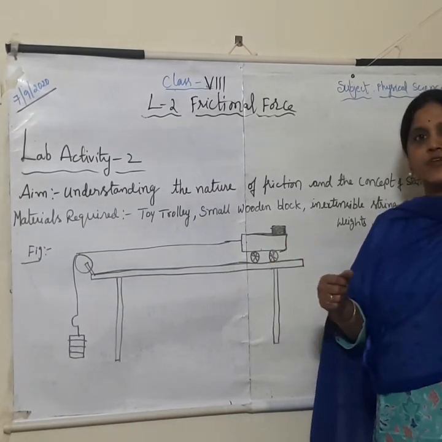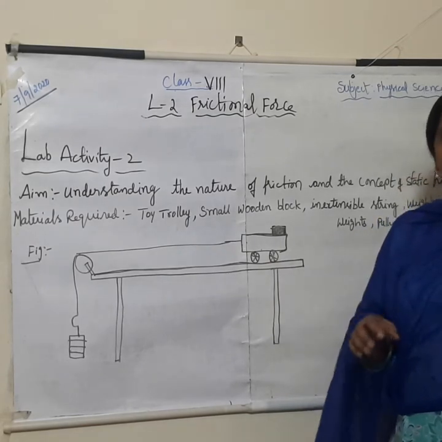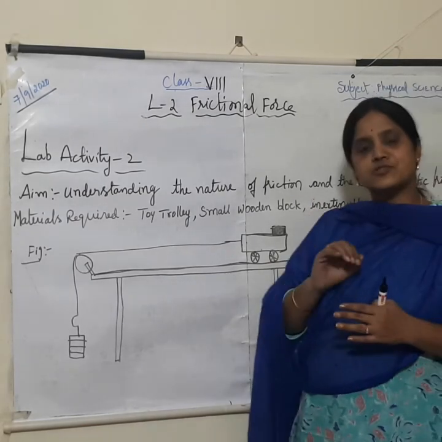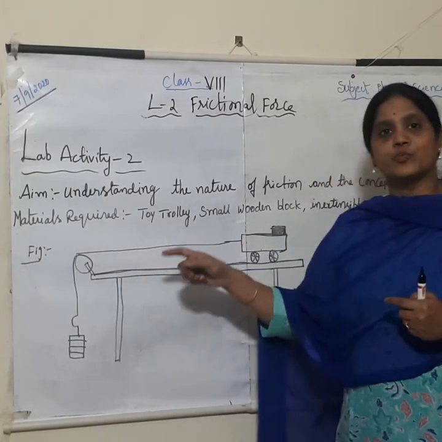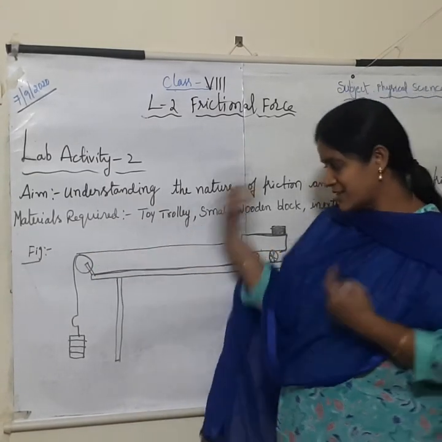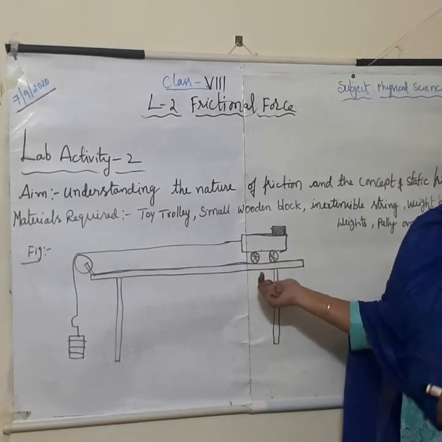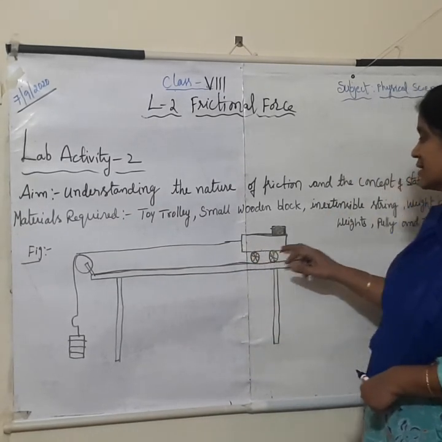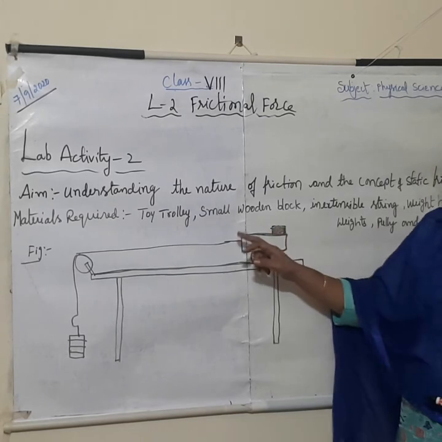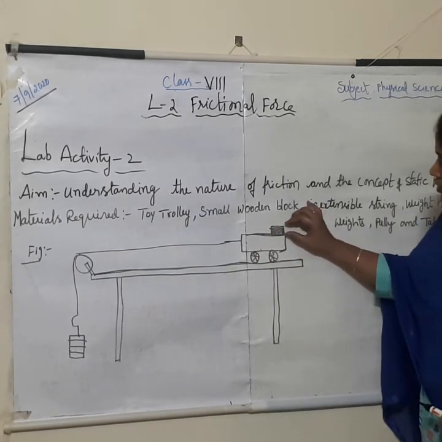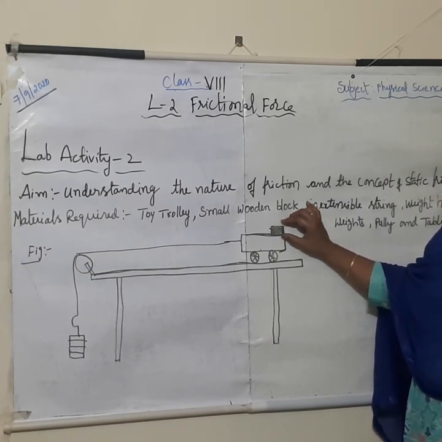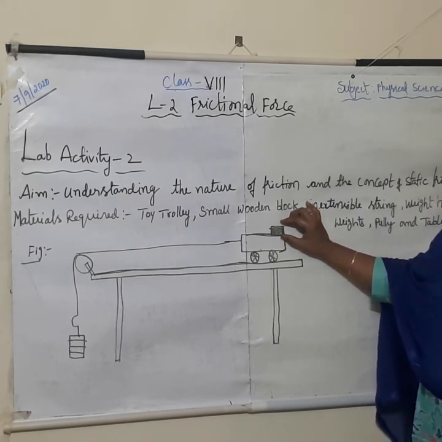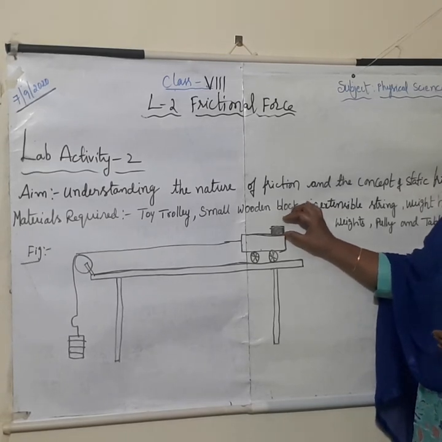Some strings get stretched when you add weight, so we should not take such types of strings. Whatever string you take, it must be inextensible. Next, this is a toy trolley, and on that I kept one small wooden block. Just place the wooden block.